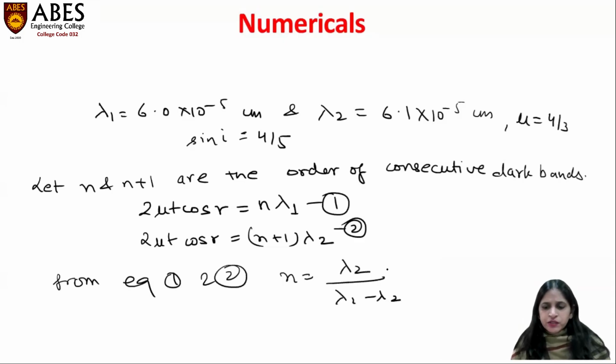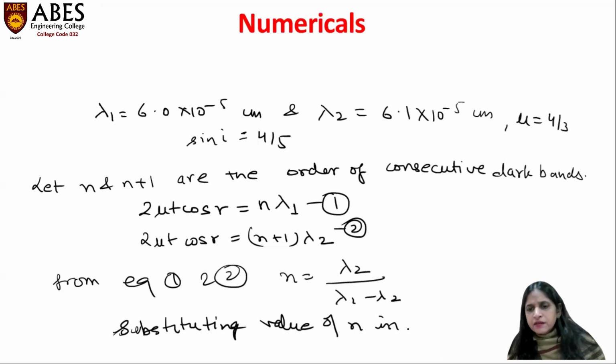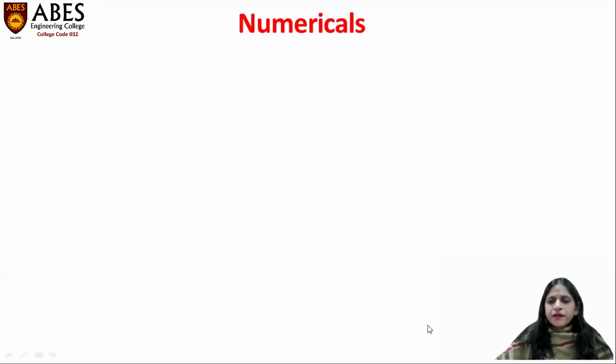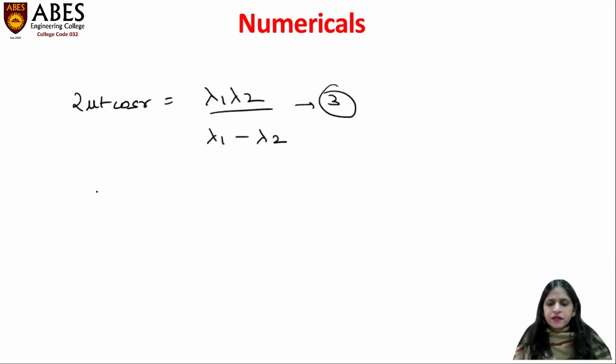Now substituting this value of n in equation 1, we get 2 mu t cos r equals lambda 1 lambda 2 upon lambda 1 minus lambda 2. This is equation number 3.